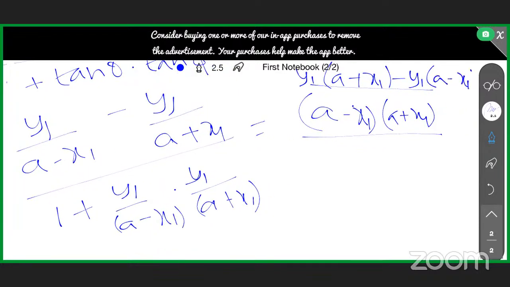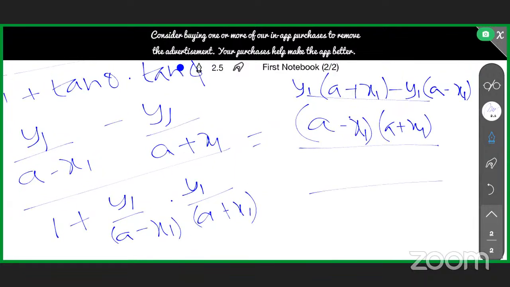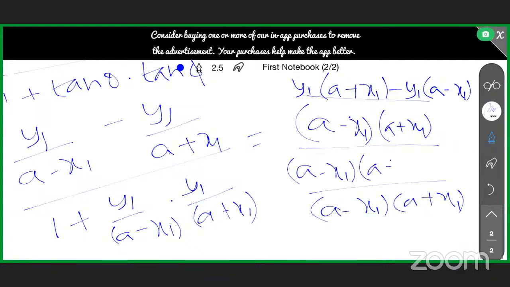If I take this one down, the LCM will be a minus x1 into a plus x1. So this will be here a minus x1 into a plus x1 plus y1 square.